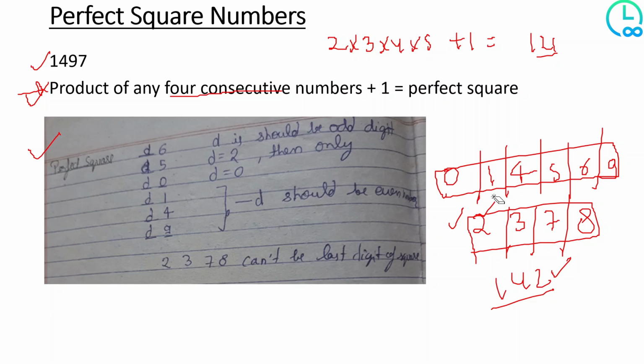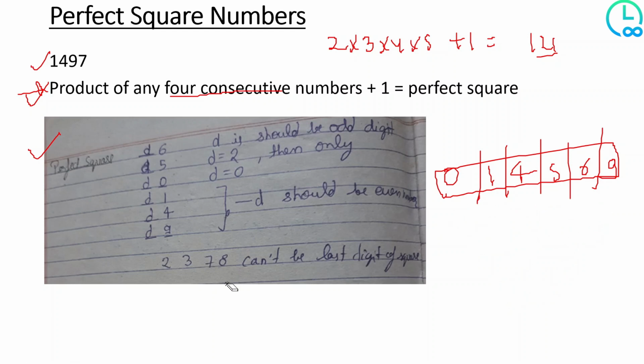So this is for the last digit, and there is also a situation for the second last digit. If a number is ending with 6, the tens place must be an odd digit, like 36.